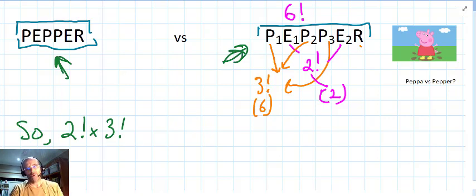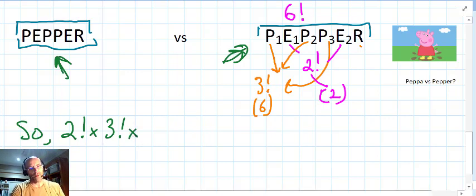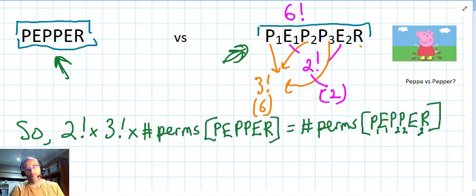And by doing a table, and I'm not going to do that, you could do that yourself, it'd be a bigger table this time, you would see that all of the variations on P1, P2, P3, E1 and E2 would create 2 factorial by 3 factorial, and we multiply that in a similar way as we did above with ball by the number of arrangements in Pepper indistinguishable. So we get that.